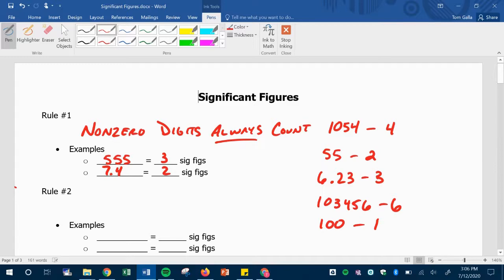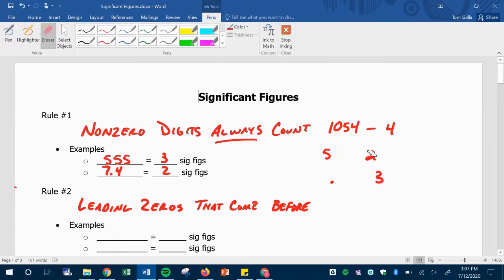All right, now let's talk about our next rule. And our next rule says leading zeros, meaning numbers that start with 0. So leading zeros that come before non-zero digits never count.